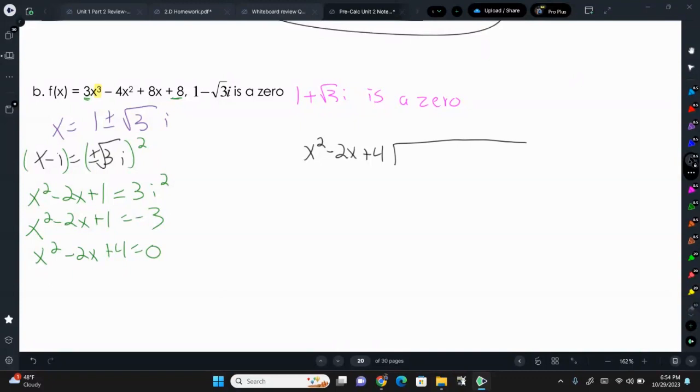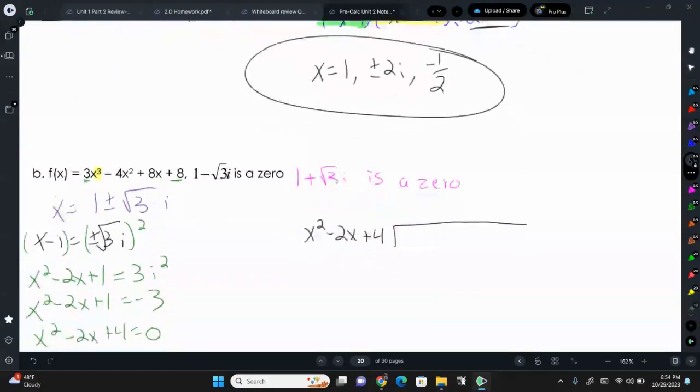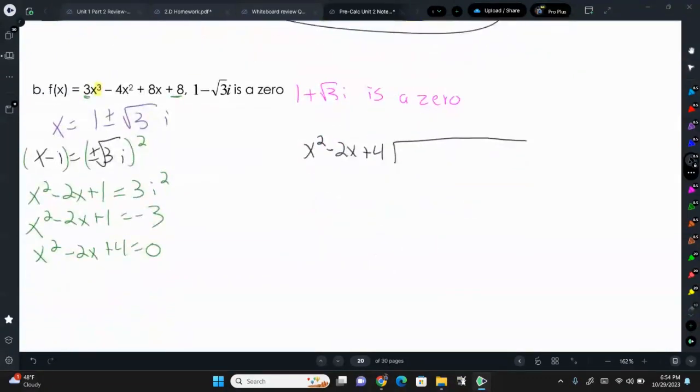We're also going to write it in factored form like we did up here, but I'll write it in completely factored form for this one, just so we have more practice with that. But there's only one more 0 we're looking for, which is another reason against synthetic division, because we have so many that are possible, but only one of them would work.